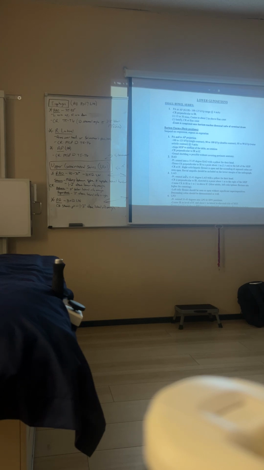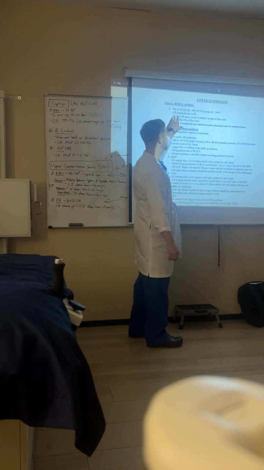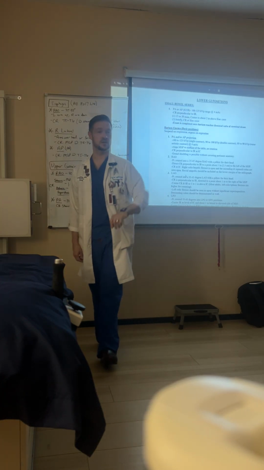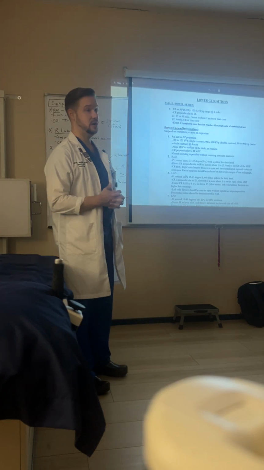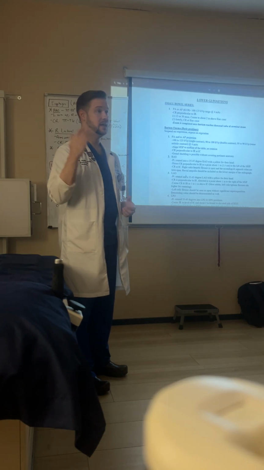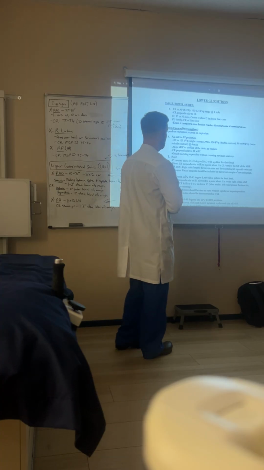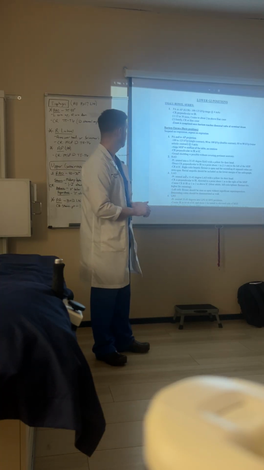Okay, questions? So again, in review for your small bowel series, the first image you're going to take is going to be 2 inches above the iliac crest after they finish their first cups of barium. Okay? 2 inches above, and then after that, we do it at the crest. Okay? And again, the exam is completed once the barium reaches the terminal ileum.